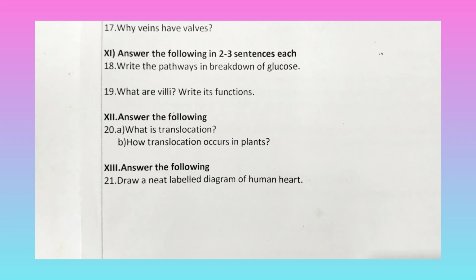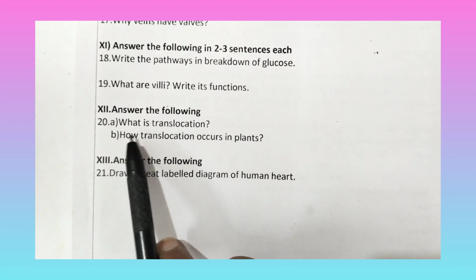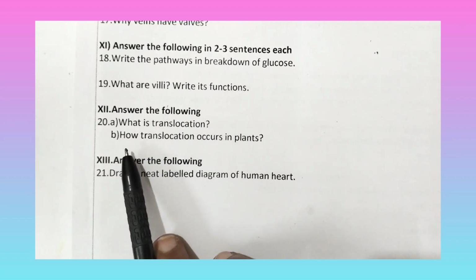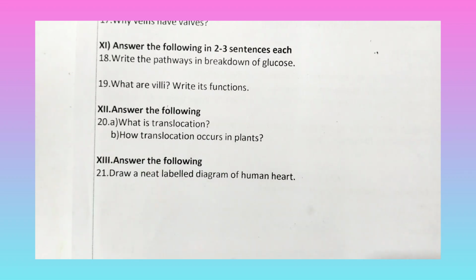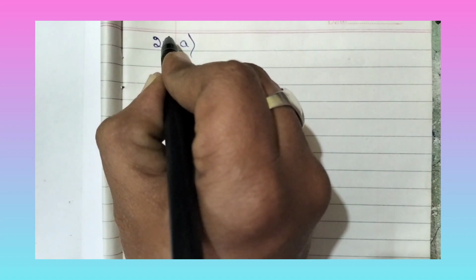Now let us move to the 20th question. In the 20th question they asked, what is translocation, A, and B, how translocation occurs in plants. So let us answer both the questions now. The A question is, what is translocation?